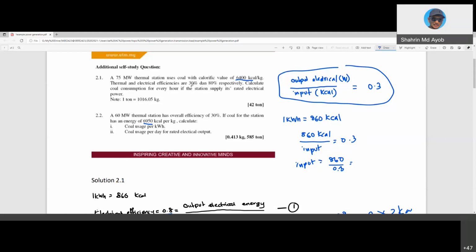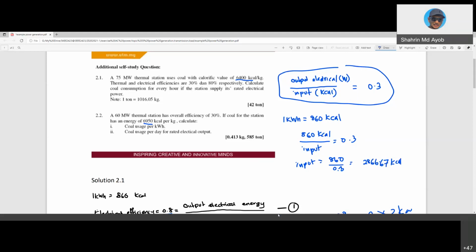Because this is 1 hour base. So can someone just calculate for me the input? Meaning that the input is 2866.67 calories. So this is the input, actually the heat from the combustion of the coal.